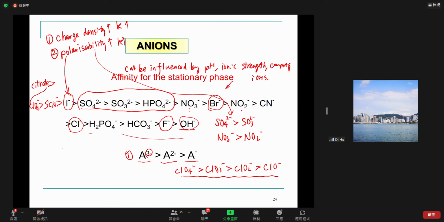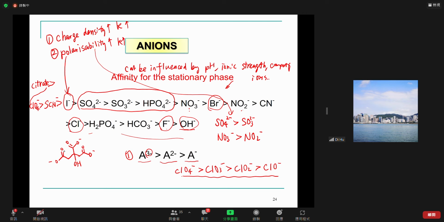If we redraw the structure, it has three carboxylic groups, and carbon 1, 2, 3, 4, 5, 6.